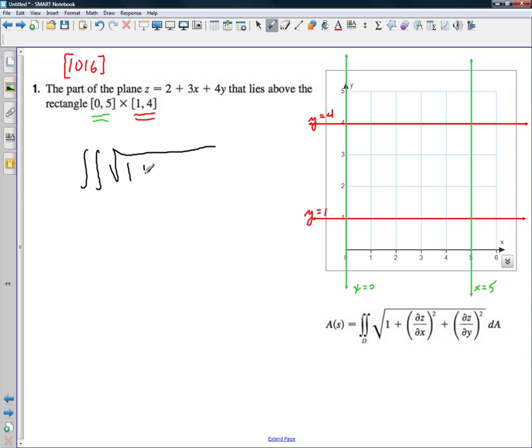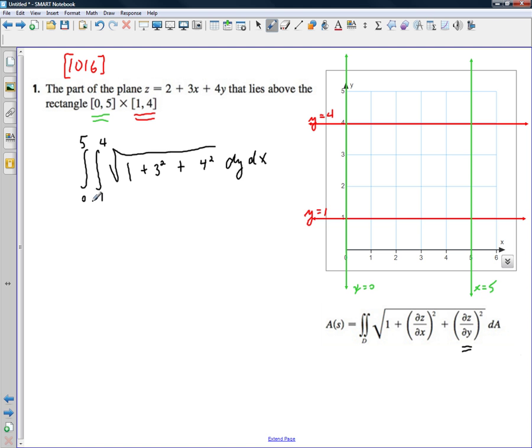So we'll have plus 3 squared. That's our dz dx quantity squared. And then the other derivative here is supposed to be dz dy. So that'll be 0, that'll be 0, that'll be a 4. And we're supposed to square that derivative. And then we'll do the order dy dx. Our limits for y are from 1 to 4, and our limits for x are from 0 to 5.